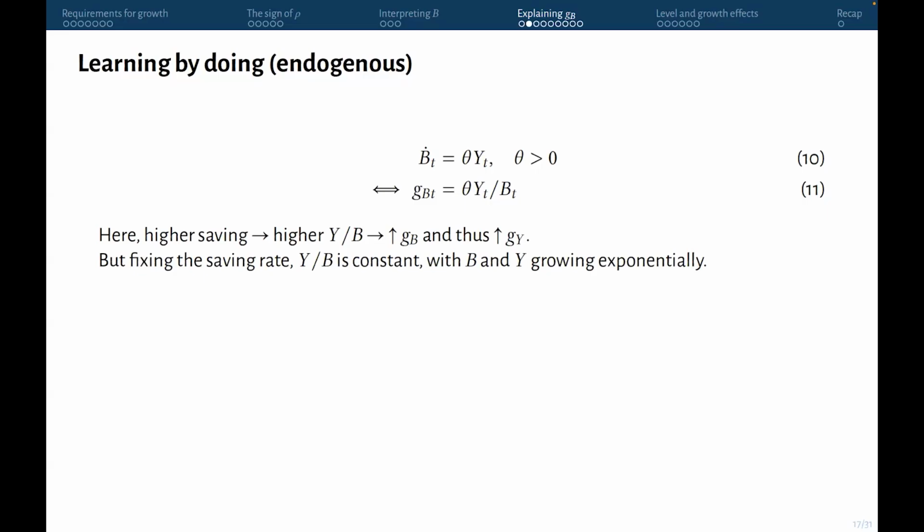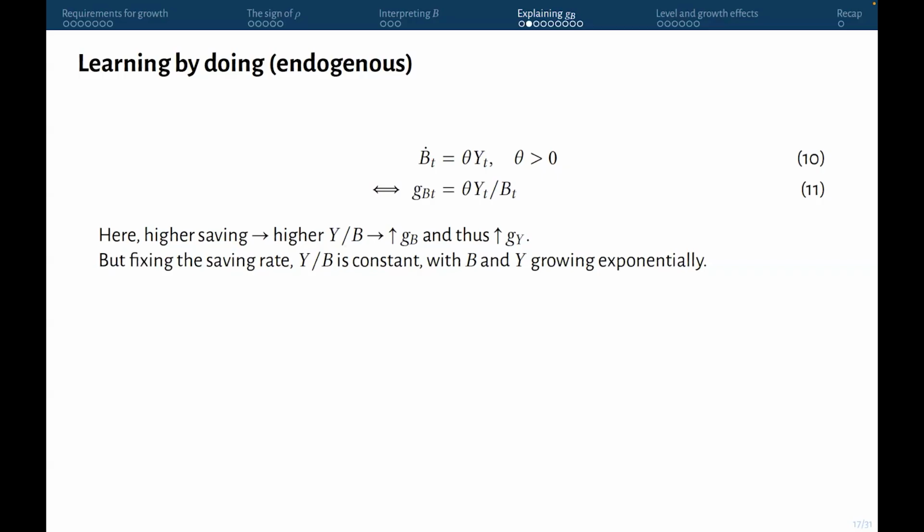So what does this imply? Well, for one thing, maybe we should look at the second line first. Fixing the savings rate, output is just going to be proportional to BL, basically, right? That's what we saw. You've got that steady state ratio of effective capital to effective labor, but they're both growing at the same rate. You've got your balanced growth, output, effective capital, effective labor, all growing at the same rate.